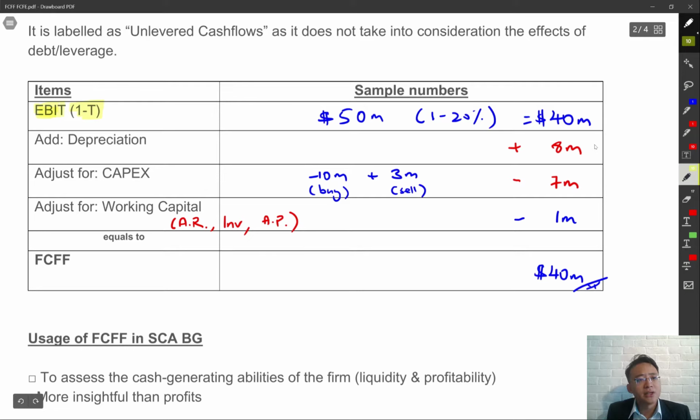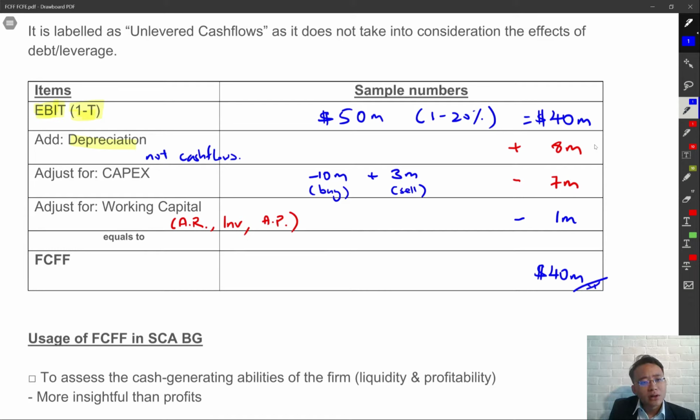I then put in a tax effect because the government would tax me after all. Thereafter, within my earnings, I add back depreciation because depreciation is not a cash flow. I just want my figures to reflect my cash flows.